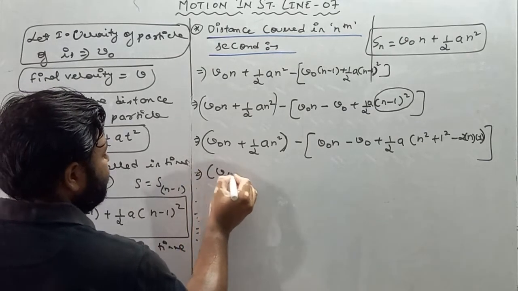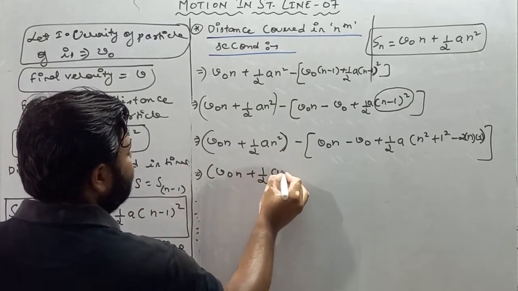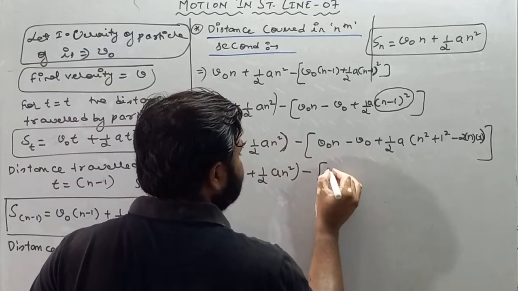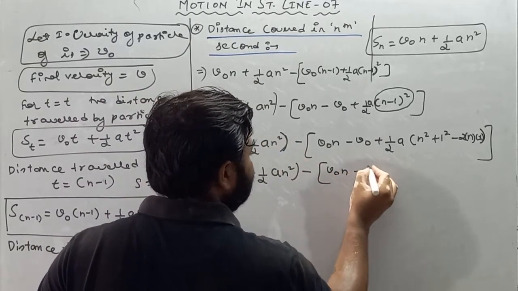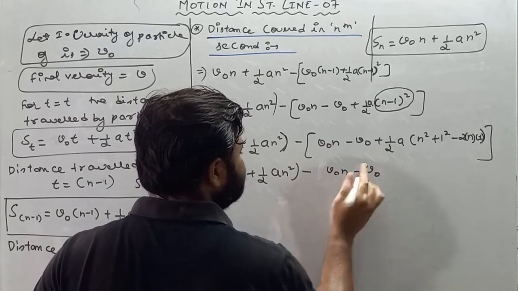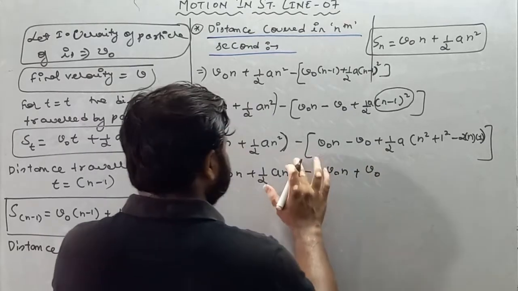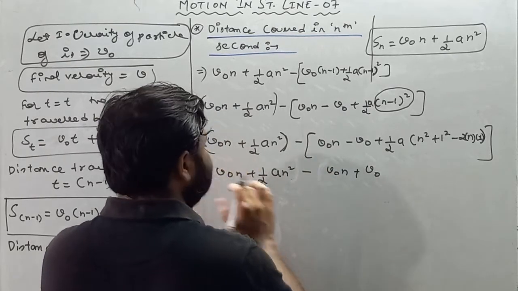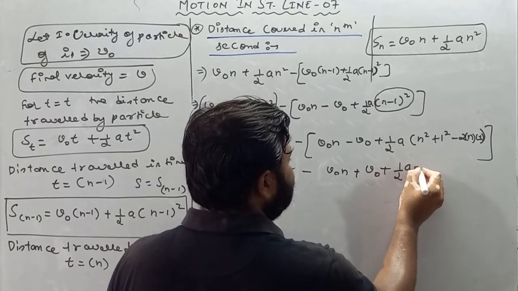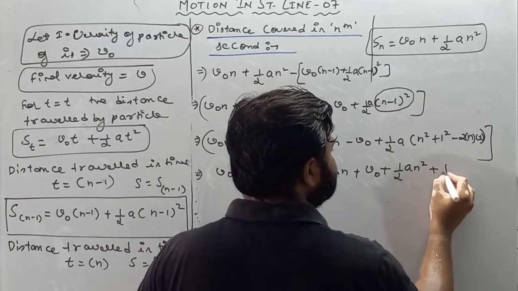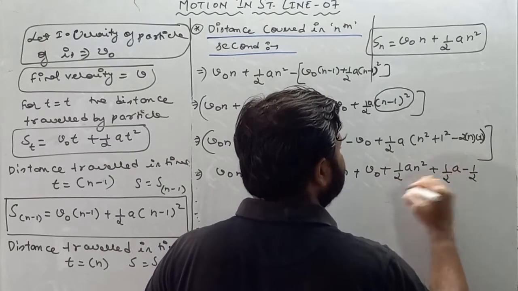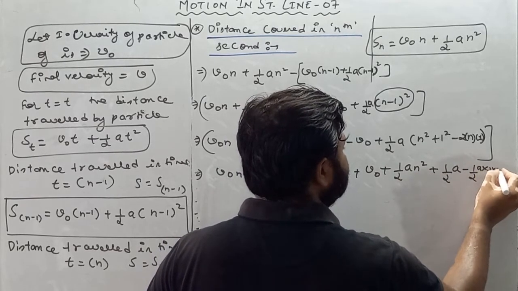So it is v naught n plus half a n square minus, what will we get, my dear student? We'll get v naught n minus v naught. If I multiply this minus inside, it will be plus. I'll open the bracket, so it will be plus, and again plus half a n square plus half a minus half a into 2 into n.